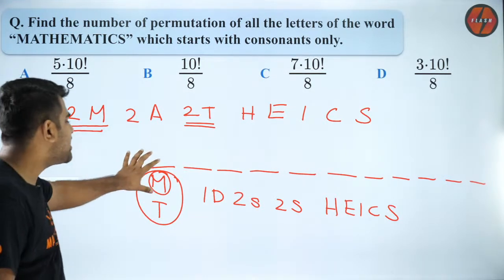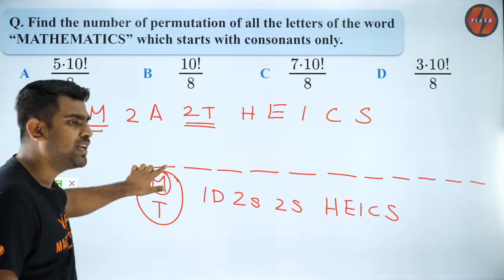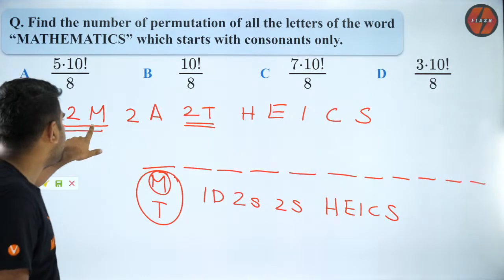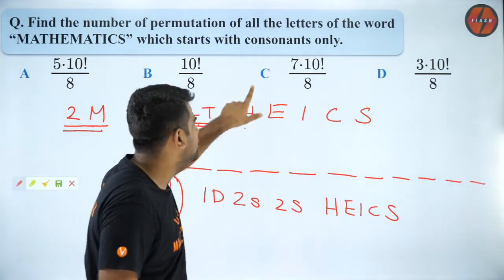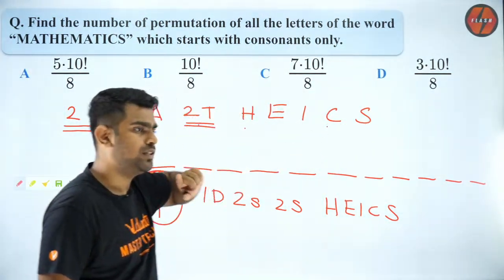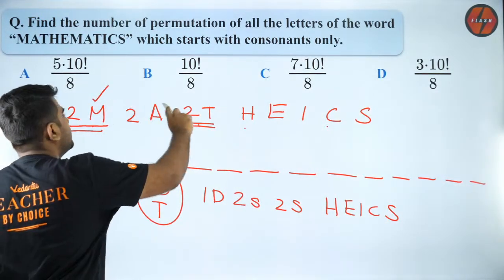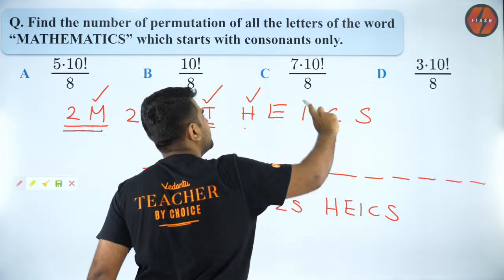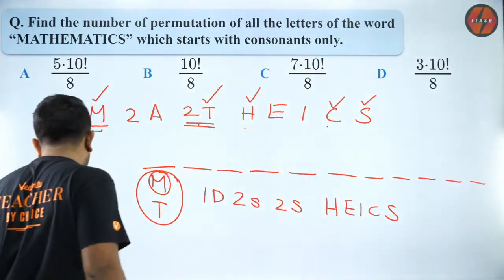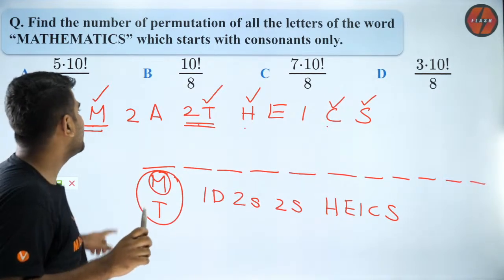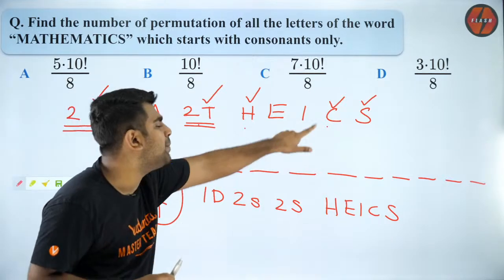Guys, the first letter can be a consonant. Now consonants can be M, T, H, C, S. But please understand, you cannot consider all of them together.